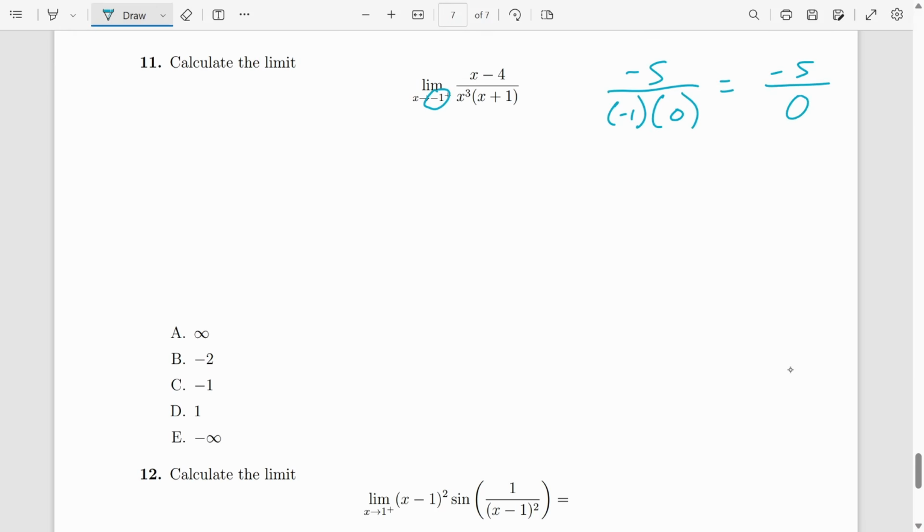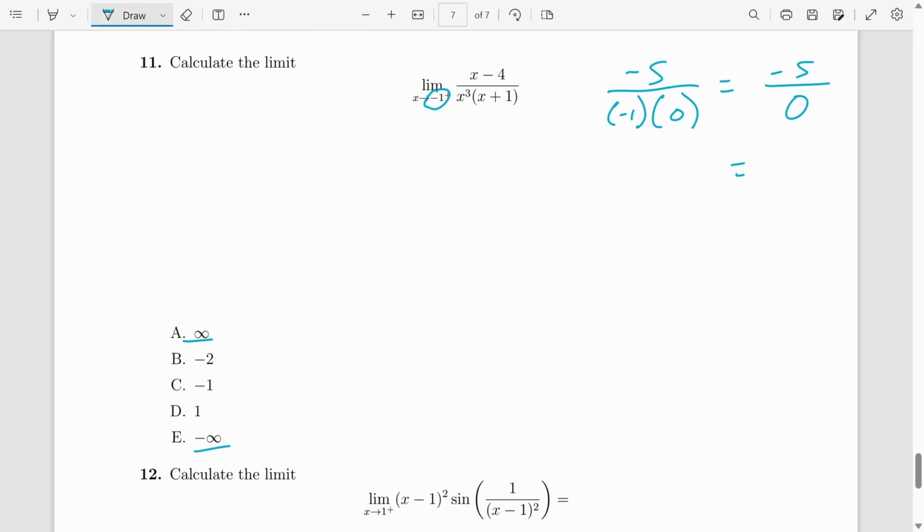So we get -5 divided by 0. In this case, it's not an indeterminate form, but it's also not a valid answer. It's dividing by 0, which is not really allowed. But what we can know is that the answer will be some form of infinity. It'll either be positive infinity or negative infinity because the denominator is 0.